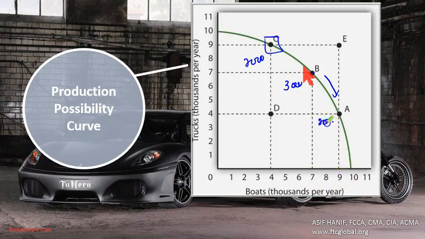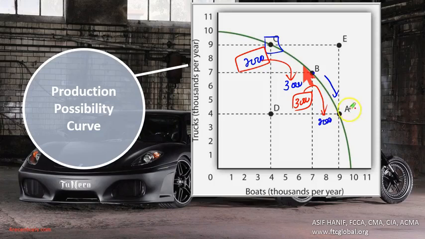I get 2,000 extra boats, but for that I will have to sacrifice 3,000 trucks. First, I had to sacrifice 2,000 trucks to get 3,000 additional boats. Now I have to sacrifice 3,000 trucks to get 2,000 extra boats. See, my opportunity cost is increasing.